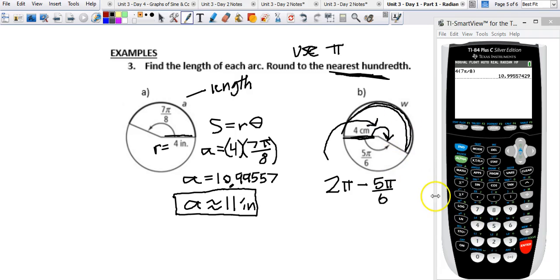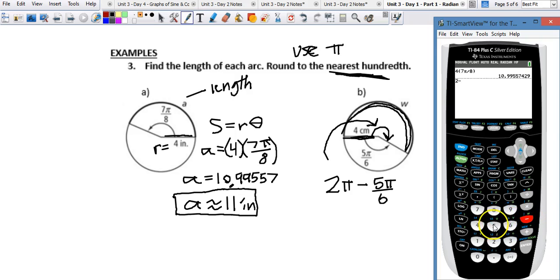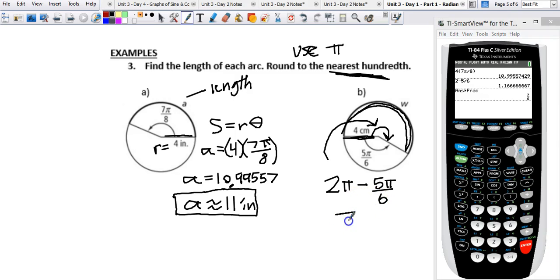So I'm going to, don't worry about typing pi and just do 2 minus 5 over 6. That says 1.1666 repeating. Press math, enter, enter. And that's going to say about 7/6, or 7 over 6. So what we're going to say is 7 pi over 6. And that's going to be our radians.